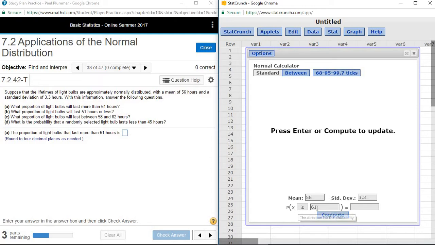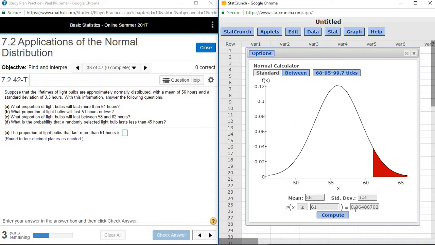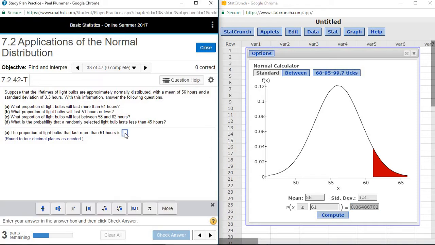So I put in greater than or equal to 61 and compute, and on the right side in this box is my proportion. So the proportion is 0.0649.